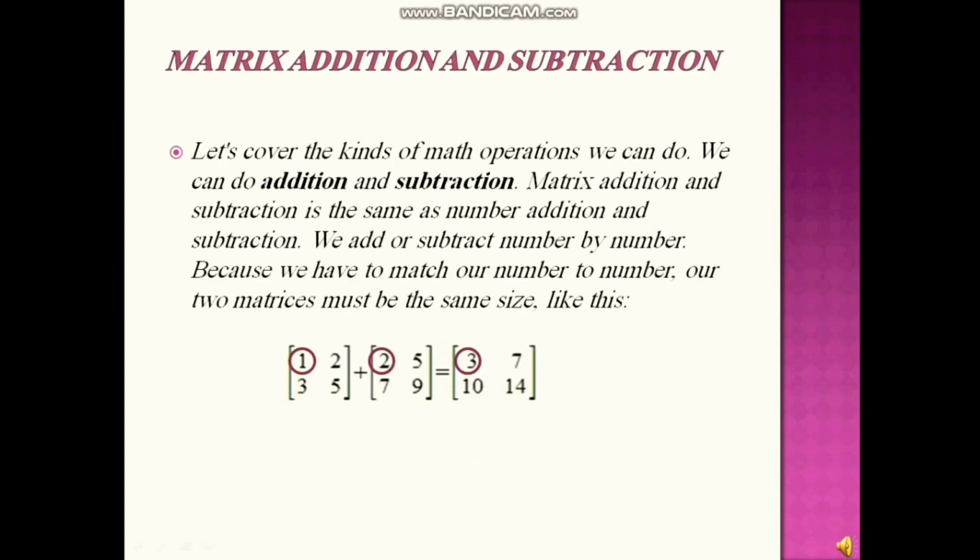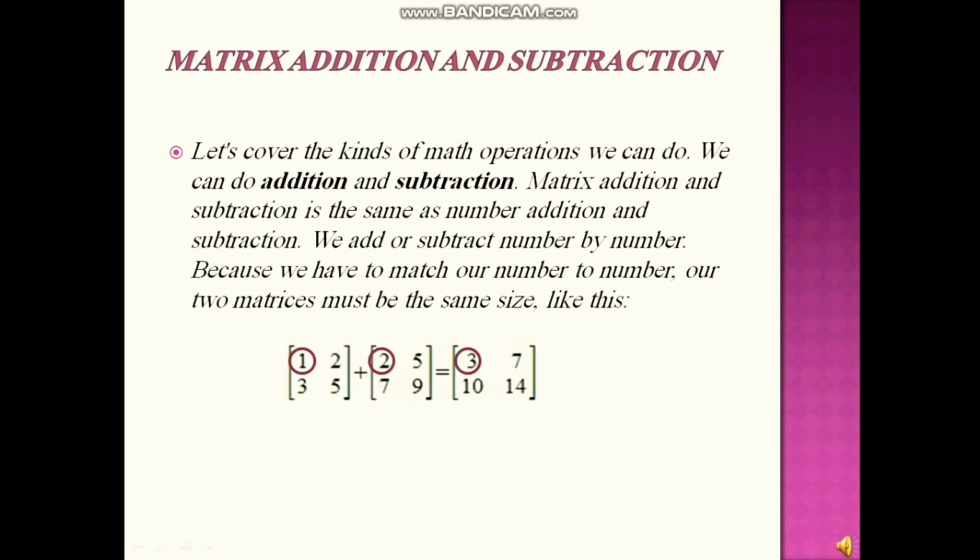Let's cover the kinds of math operations we can do. We can do addition and subtraction. Matrix addition and subtraction is the same as number addition and subtraction. We add or subtract number by number because we have to match our number to number. Our two matrices must be the same size like this.